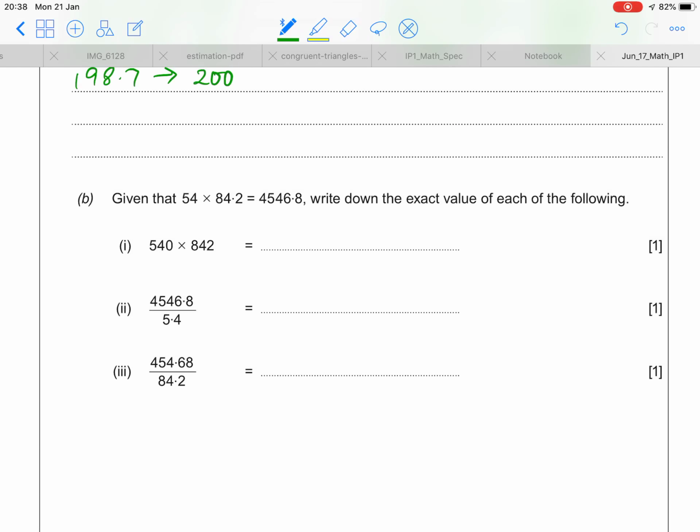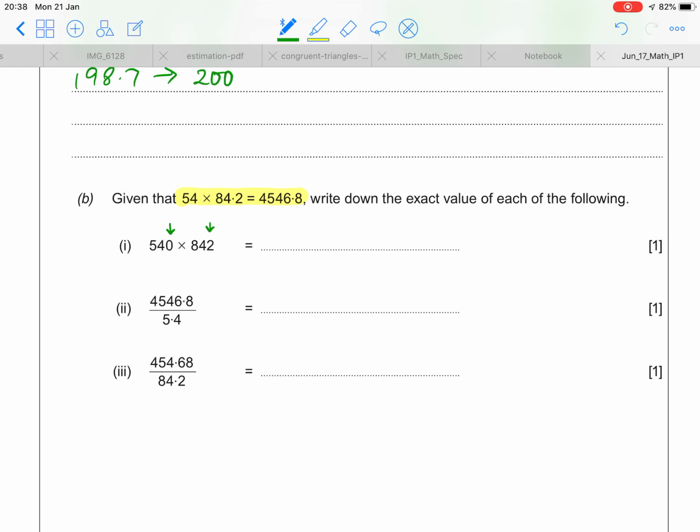Question B is using a known fact. So this here is going to guide me through the rest of the question. If you have a look at part A, the first one has got 10 times bigger and the second one has got 10 times bigger.